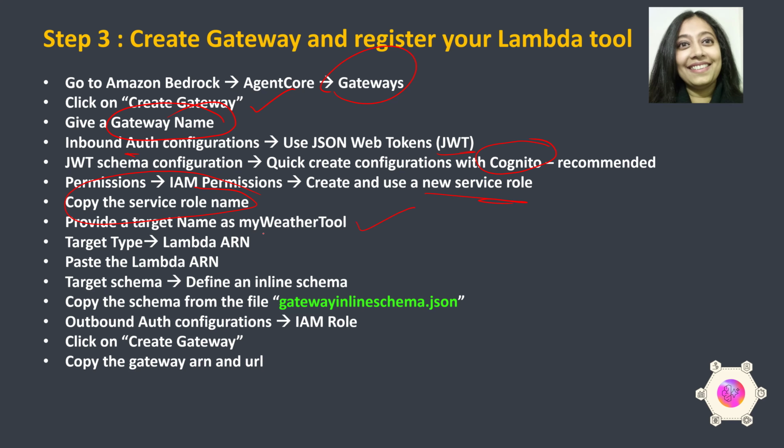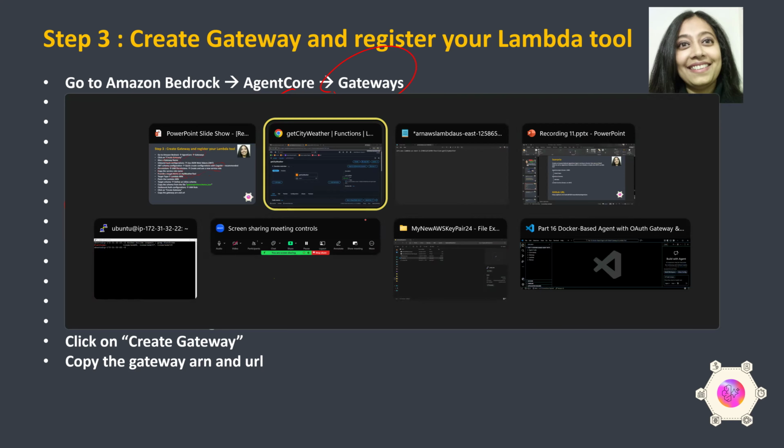You can give my weather tool or any other name that you like. And then we will continue further ahead by replacing the target tool's ARN with our Lambda's ARN. Okay, so let's go there.